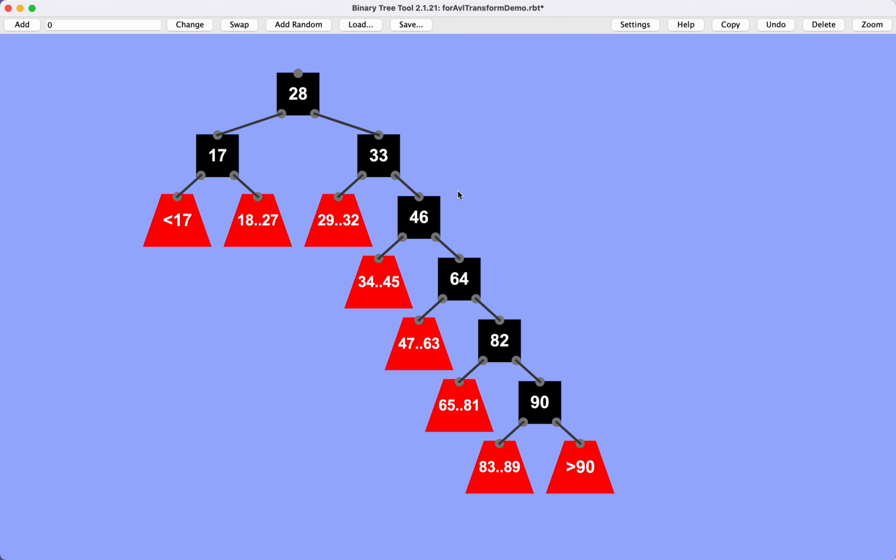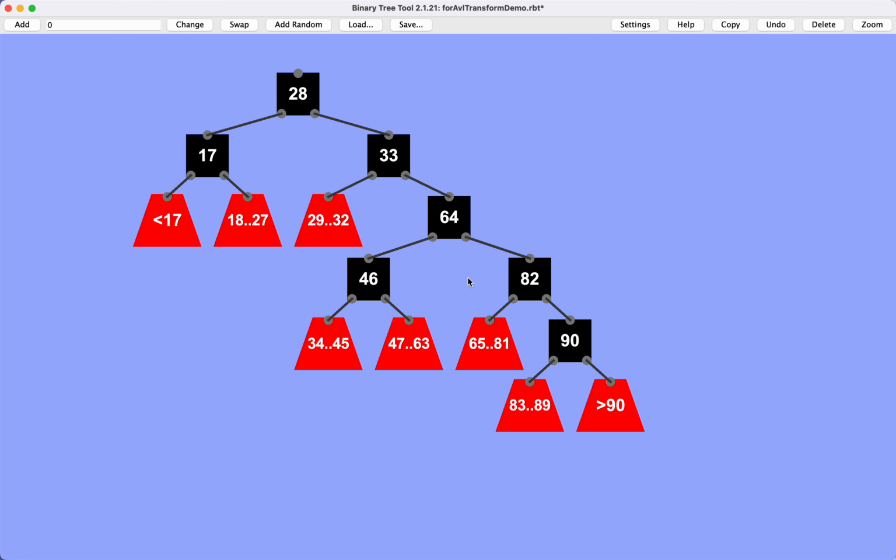And so what we can do is rotate the 64 over the 46, and that is done by taking 33's right subtree pointer and having it point to the 64, having 64's left subtree pointer point to the 46, and having 46's right subtree pointer point to this subtree. So it would look something like that.